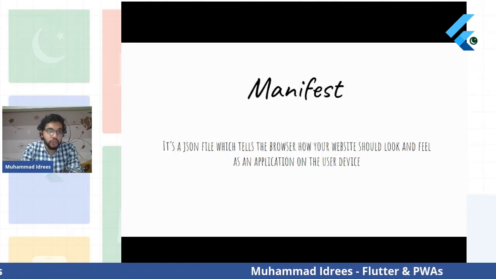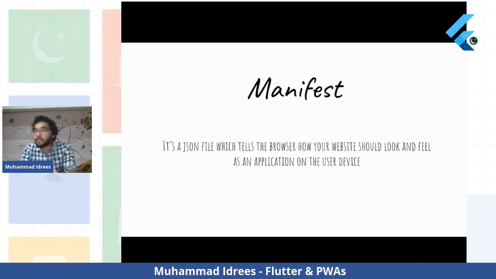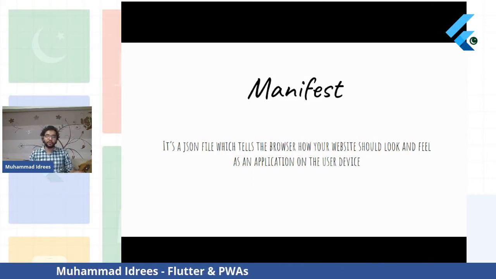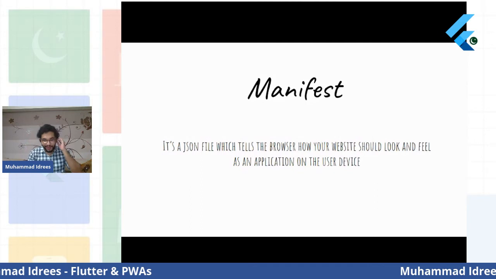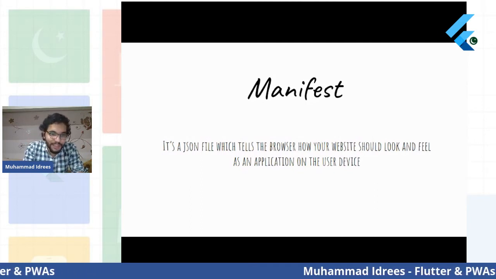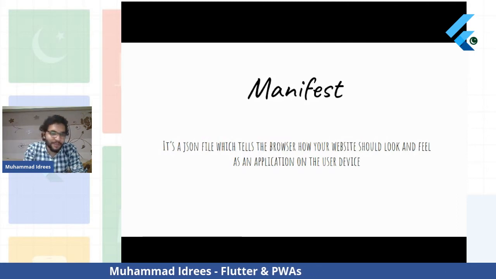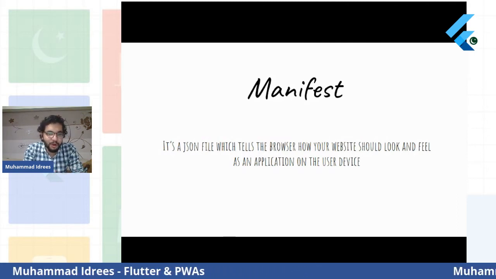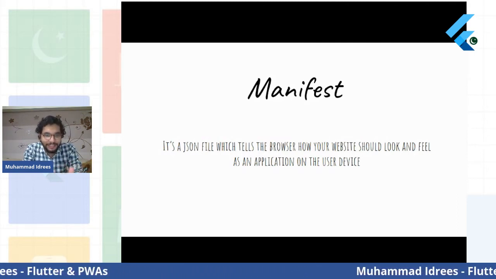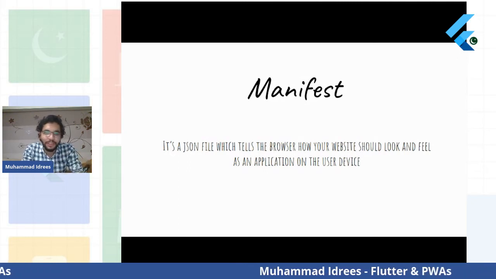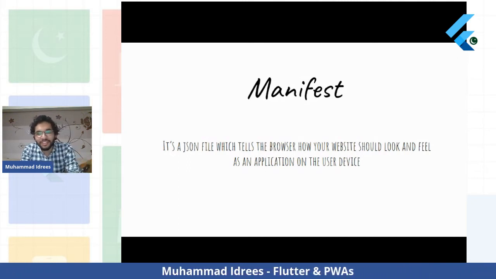Now, this is the most important part, because this is the manifest file. If you're coming from Android, you'll be like, oh, manifest file, I'm so scared. Well, honestly, I was too, but here a manifest file is totally different and it's probably straightforward and easy. You just need to know a little bit of it. So a manifest file is a JSON file.